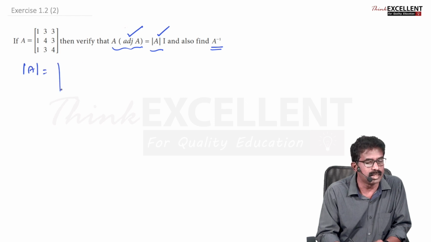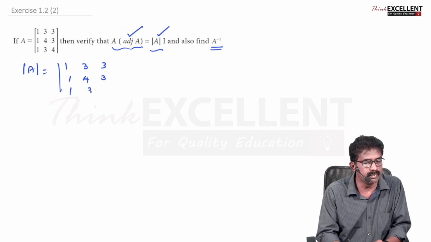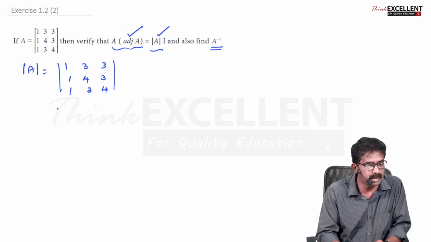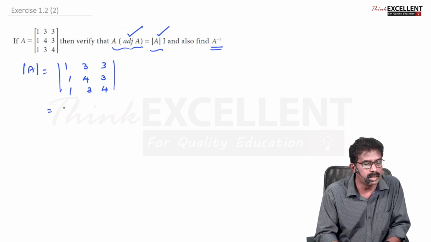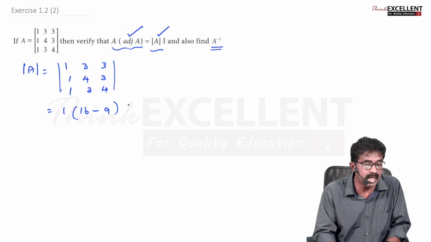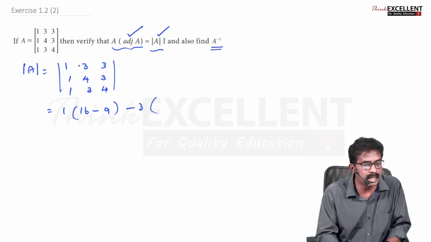So determinant 1 3 3, 1 4 3, 1 3 4. Expand it. Take the first number. What's the first number? 1 into, leave the row and column, 4 4s are 16 minus 3 3s are 9. Take the second number. When you take the second number, you have to change the sign. Minus 3 into, leave the row, leave the column, 1 into 4, 4 minus 1 into 3, 3.